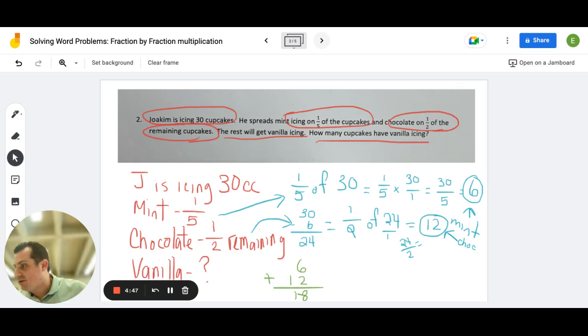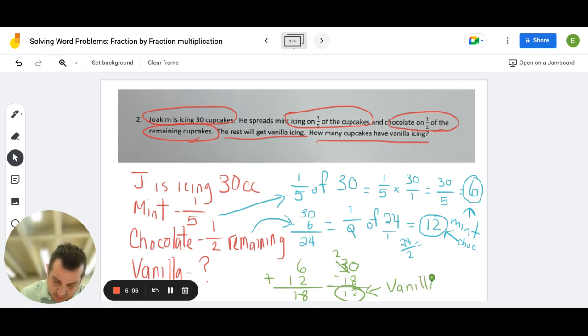The rest will get vanilla. Well, so I have to do now the 30 I started with minus the 18 that already have frosting on them. And let me subtract that, and you get 12. And 12 will be vanilla. So right there, you have 6 mint, 12 chocolate, 12 vanilla.